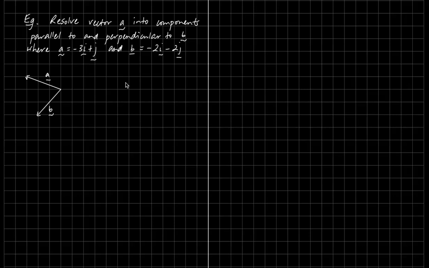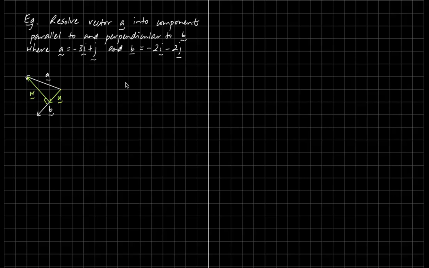Alright, so we're trying to get A as the vector sum of a component parallel to B and perpendicular to B. So grabbing another color here, I could say there's a component of A in the direction of B plus a component perpendicular to B, and just for ease of use, I could call that a vector u plus a vector w.